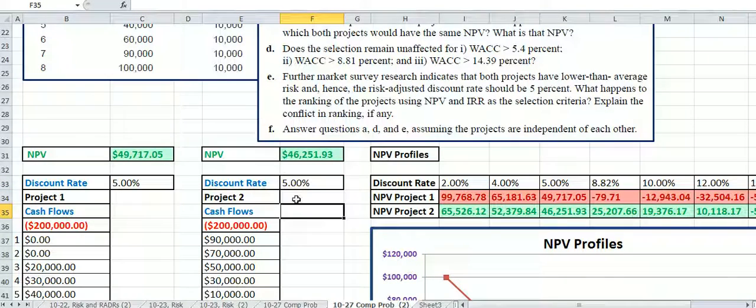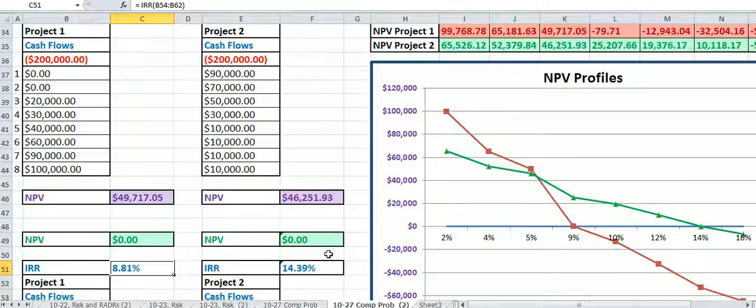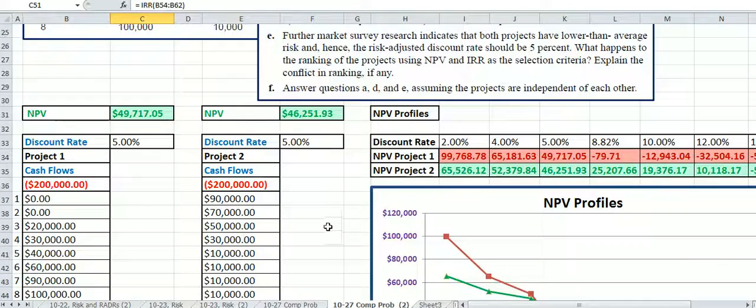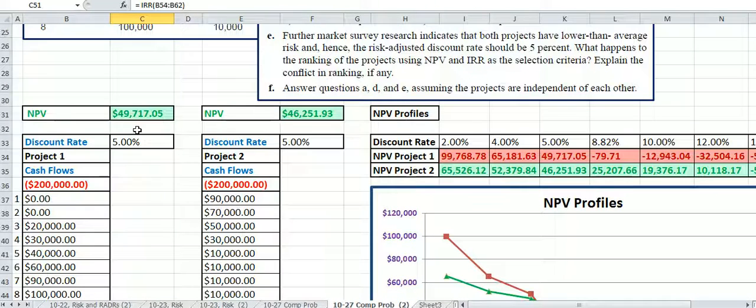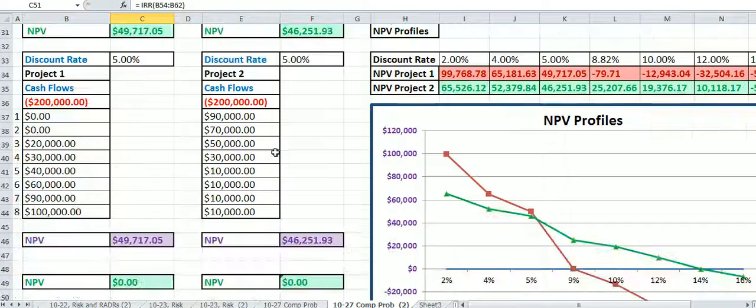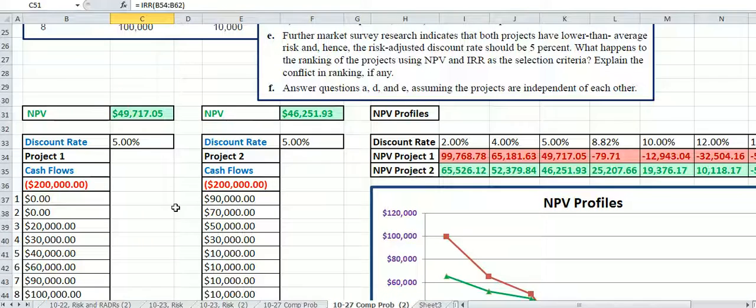And we can also look at our internal rates of return again, and you can see now we have a conflict because project 1 has a higher net present value than project 2, but project 2 still has a higher internal rate of return, but we're always going to go with the project that has the higher net present value. But there is a conflict.